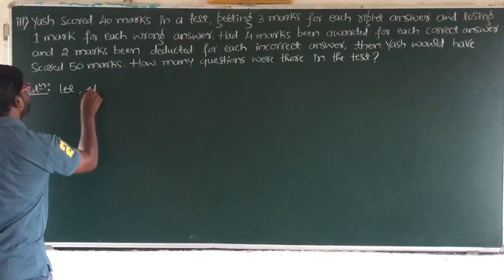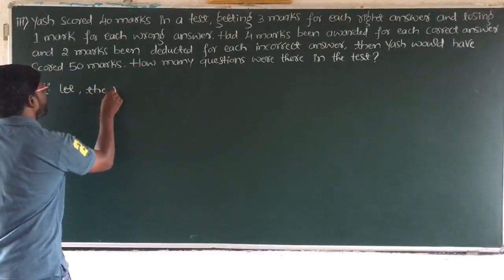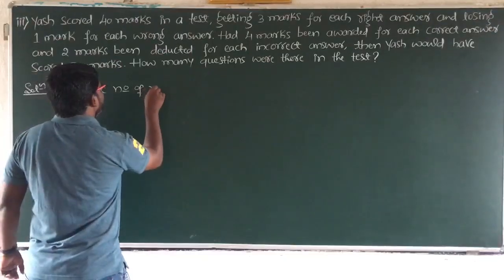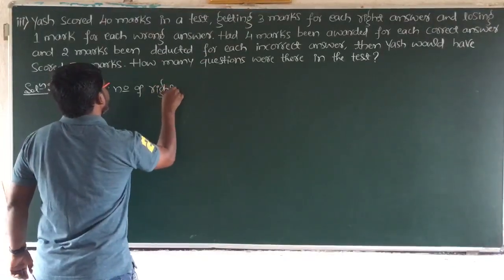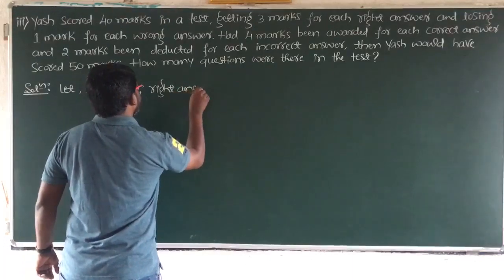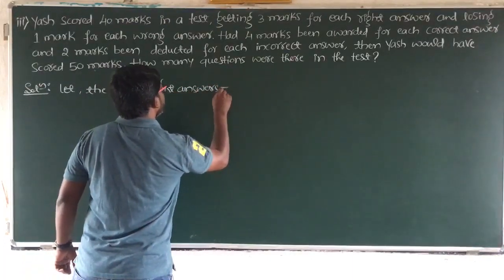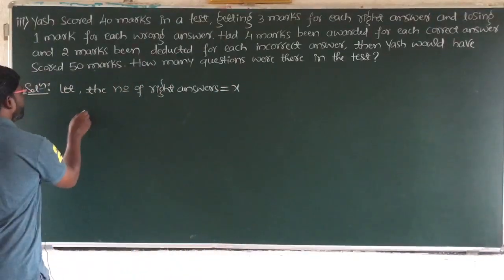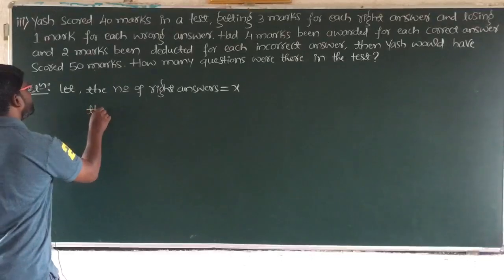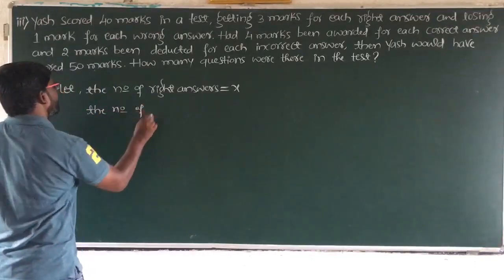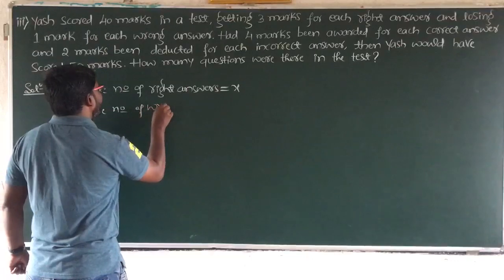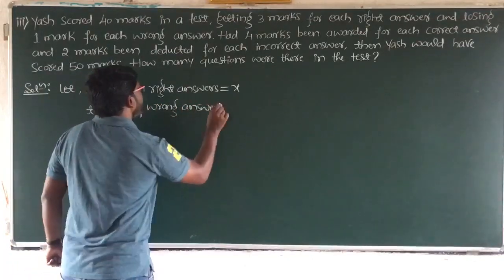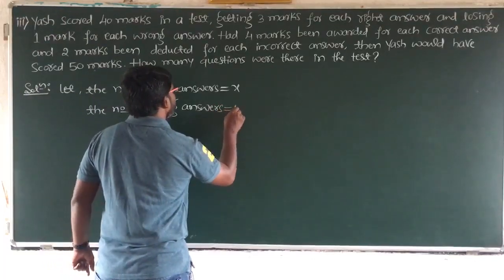Let the number of right answers be equal to x, and the number of wrong or incorrect answers be equal to y.